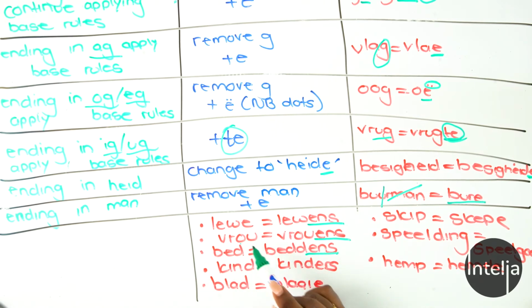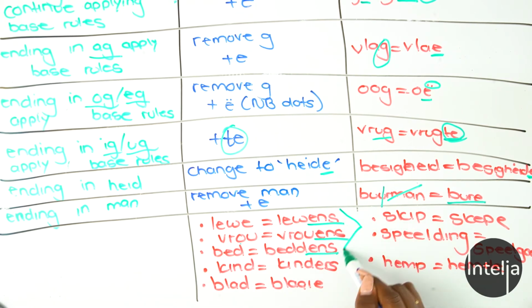We can't say if a word ends with OU that you add E, and we can't say if a word ends with ED that we add E. That's what makes these the exceptions: there is no specific rule to them, so you have to cram these specific words. Lewe, lewens, life, lives; vrou, vrouens, woman, women; bed, beddens, beds.